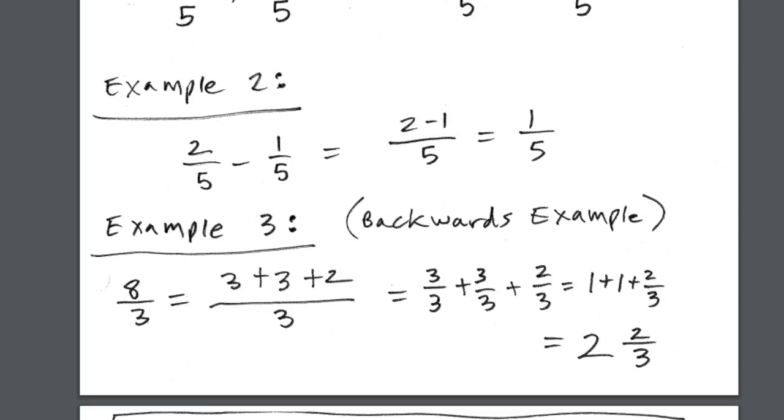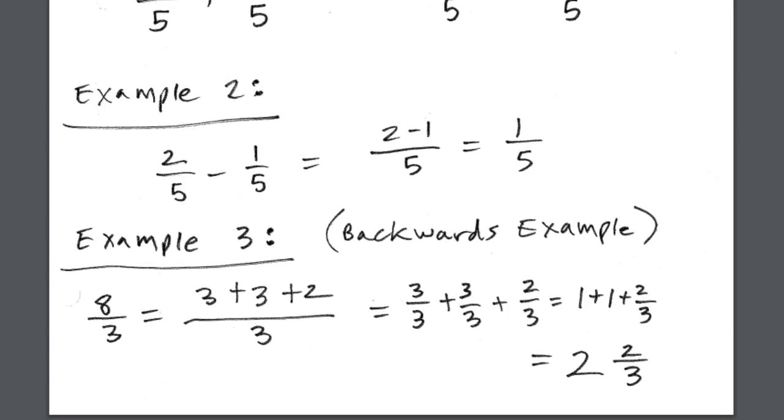Now, example 3 here, we actually did this example 2 videos ago. This is one of the methods we use to go from an improper fraction into a mixed number. Notice 8/3. We rewrote it as 3 plus 3 plus 2 over 3. Now, when we broke it apart using the plus symbol and putting each one of the numbers from the numerator as a separate numerator in 3 different fractions, and then repeated this 3, 1, 2, 3 times, we actually were using the adding, subtracting like fractions rule backwards.